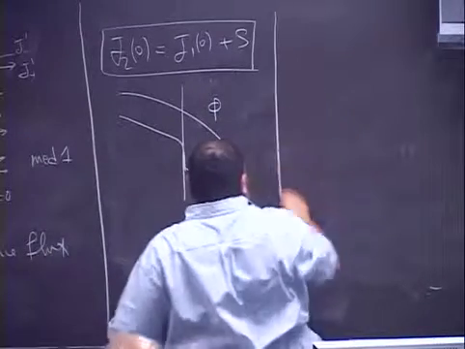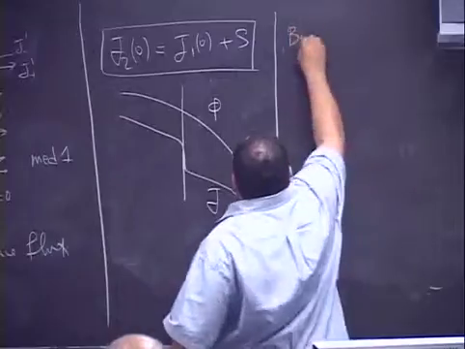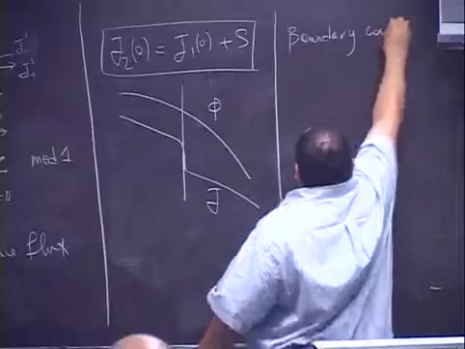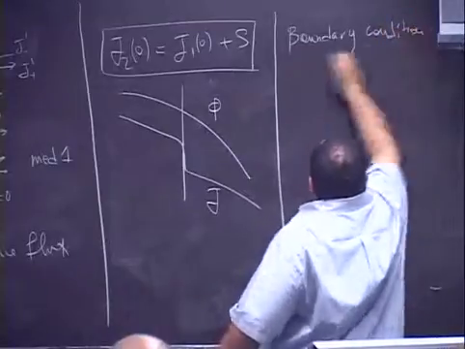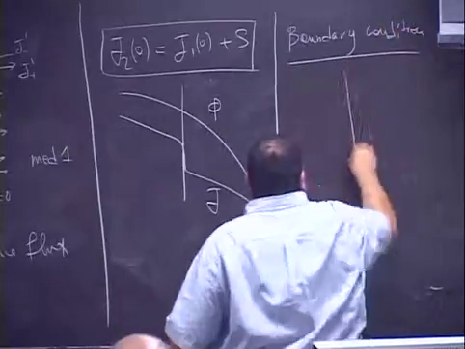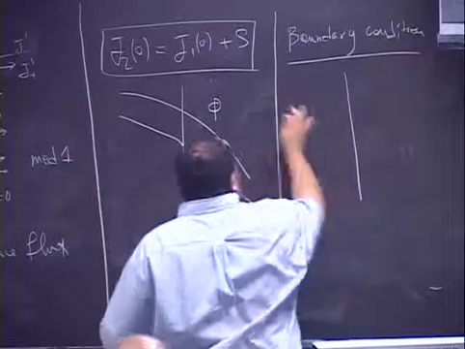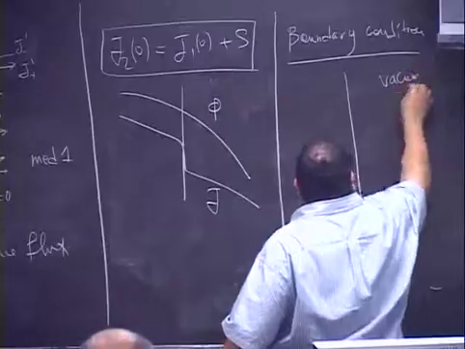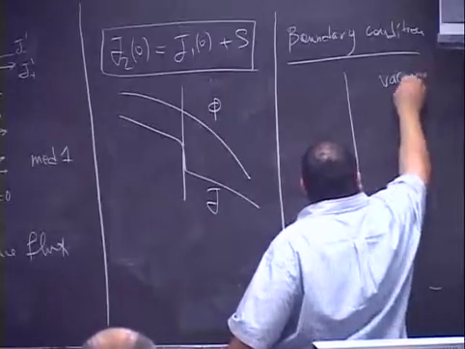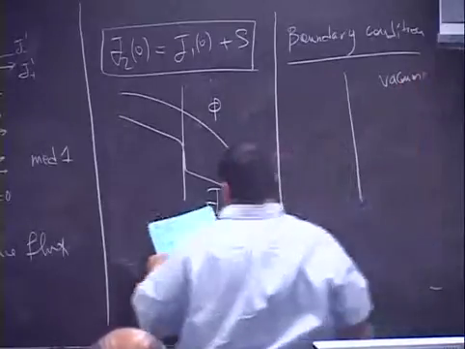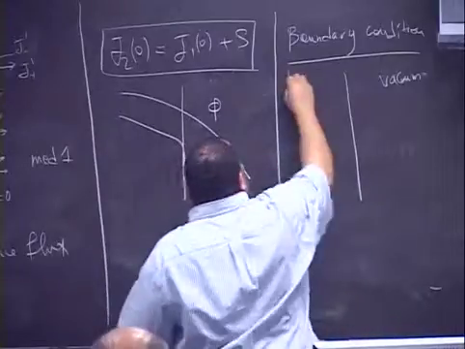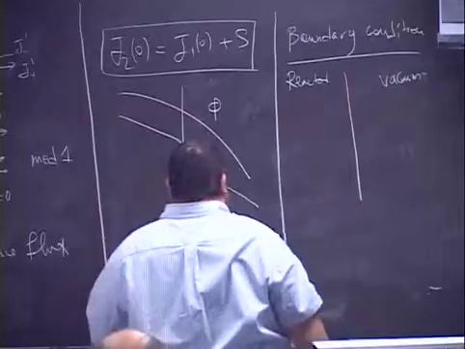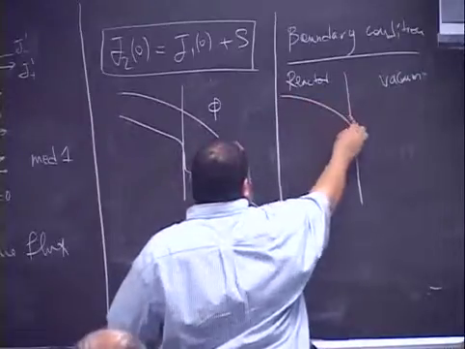So what about the boundary condition? If we have a boundary, and this is the reactor, and this is vacuum, we have a flux in the reactor like this.